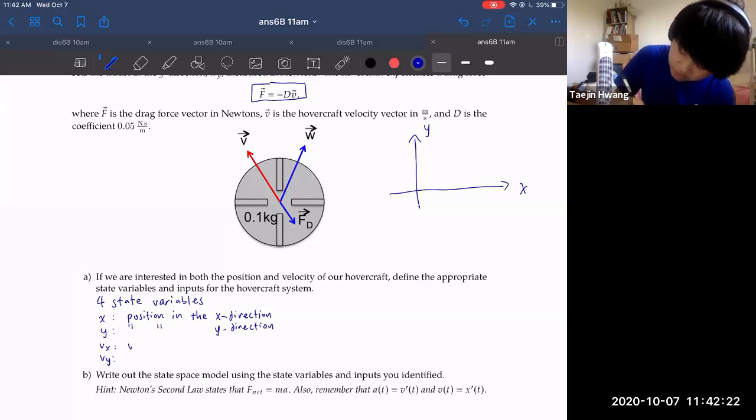Hopefully this was a bit more intuitive. And we're going to treat velocity as a vector as well, so we're going to look at the velocity in both the X and Y directions.